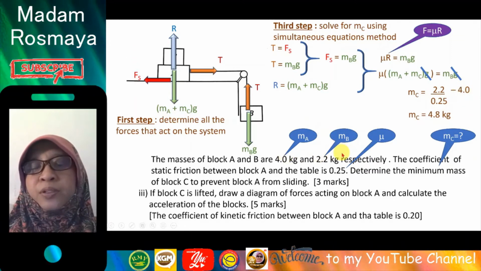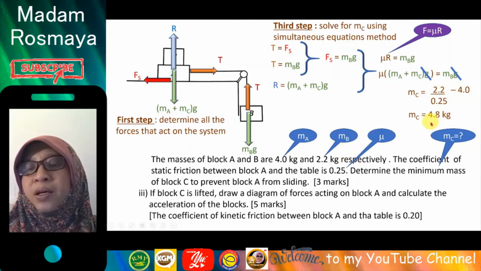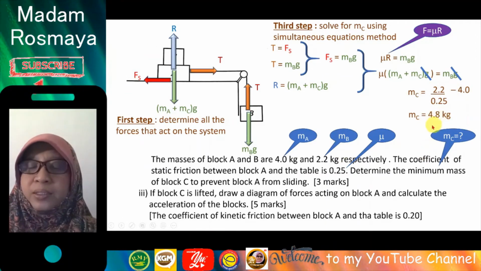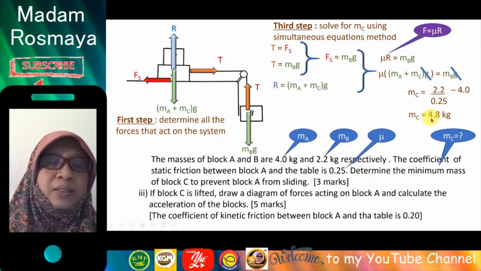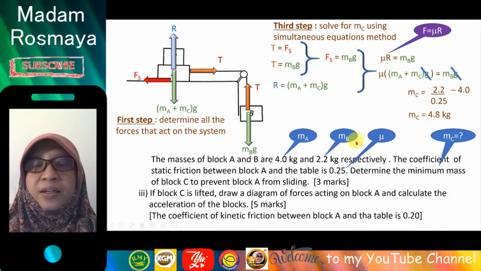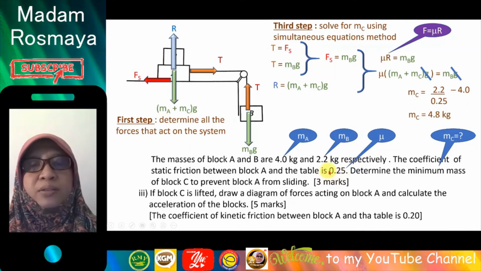We substitute all the values into the equation, so MC is 4.8 kilogram. This is the minimum mass of block C to prevent block A from sliding. So we get 3 marks.